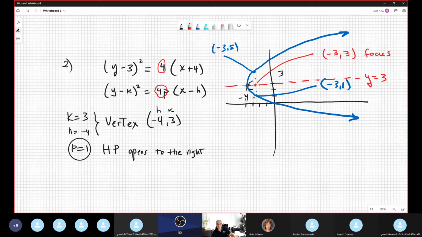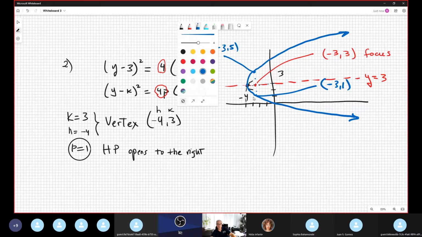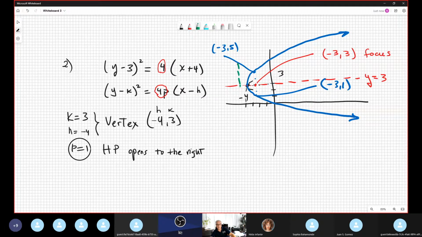And the directrix, in this case, is a vertical line. Let me use another color. It passes at the same distance from the vertex as the focus, which is 1 here. But this is a vertical line, and for any vertical line the equation is x equals something.